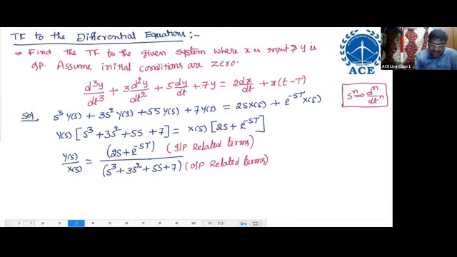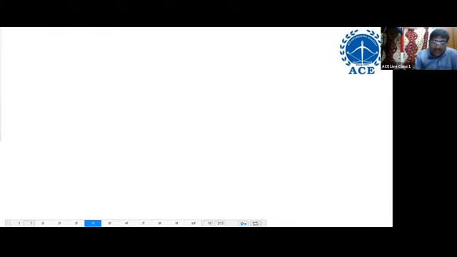One more problem. Repeat the above problem. Come on. Find transfer function.